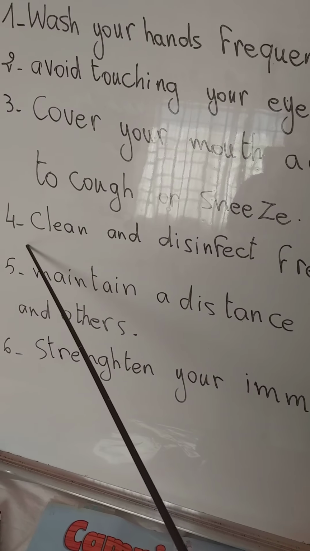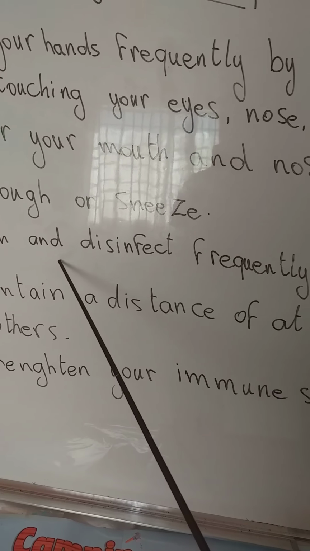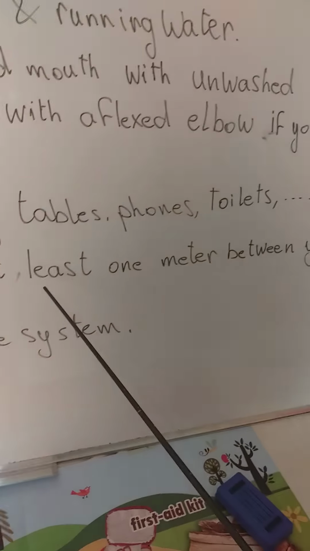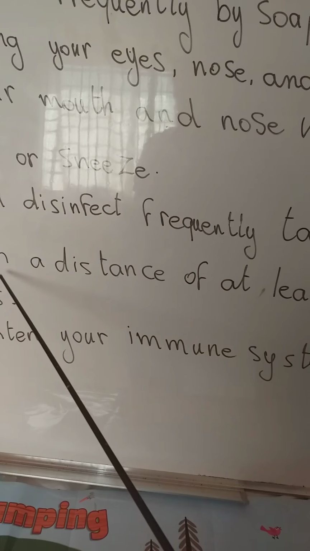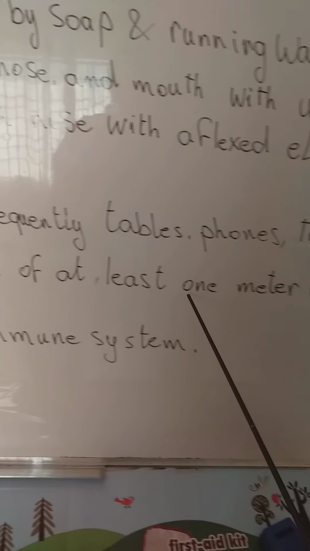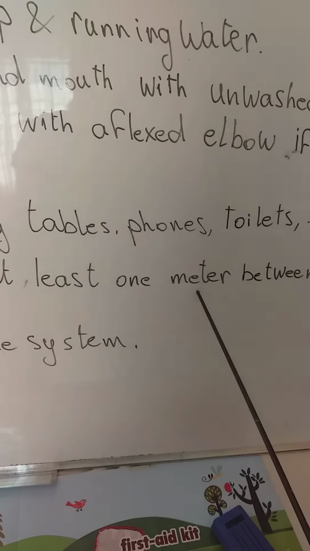Number 4, clean and disinfect frequently touched surfaces in the house. Okay, such as, for example, tables, phones, toilets, etc. Number 5, maintain a distance of at least 1 meter between yourself and others.